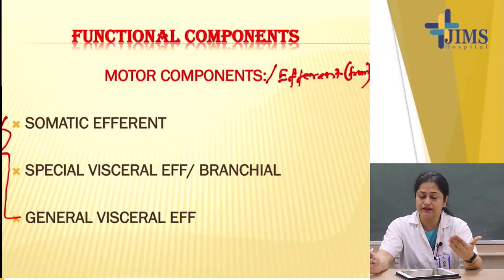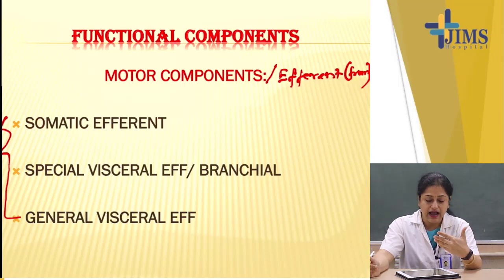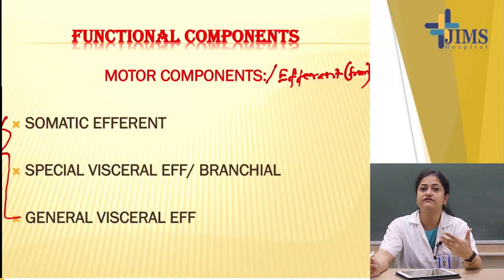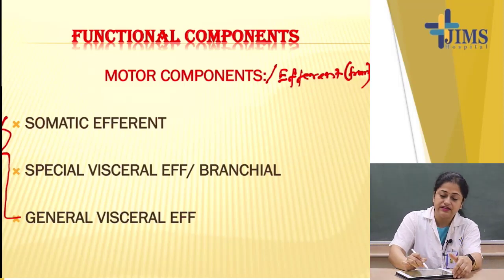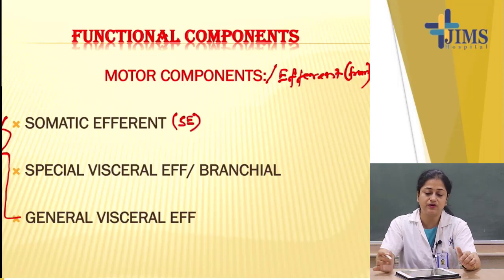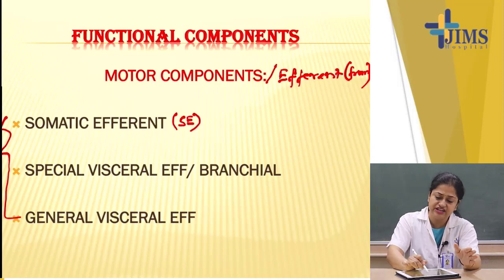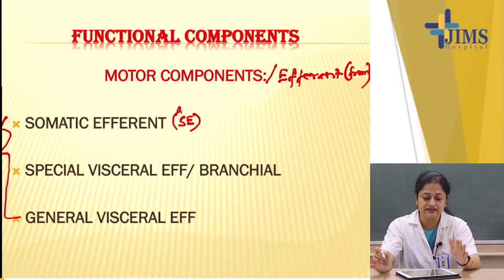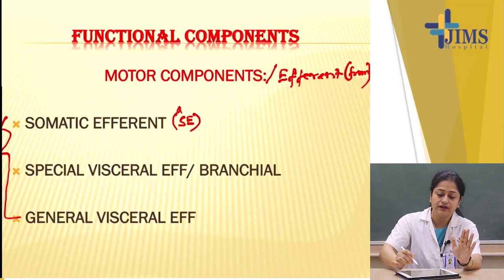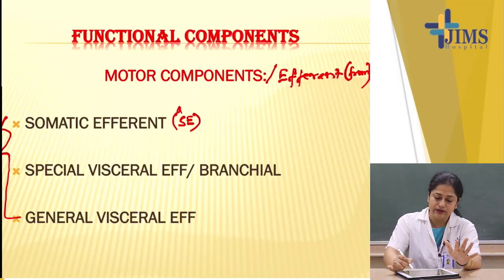One is the somatic efferent, another is the special visceral efferent or the branchial efferent, and the third is the general visceral efferent. These are the short forms we will use for them, and you have to get acquainted. So, you have SE, or GSE, general somatic efferent; in general we mention SE only.